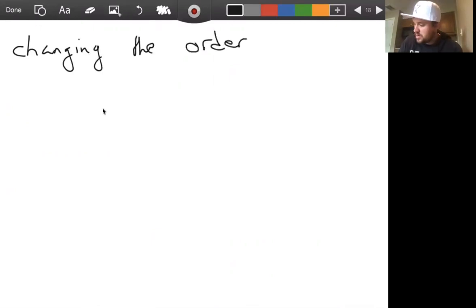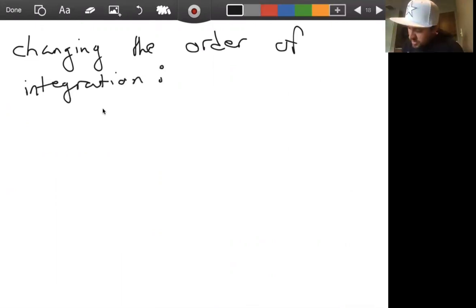All right, and the last thing I want to talk about is changing the order. Let's change the order of integration. So let's consider the triple integral.